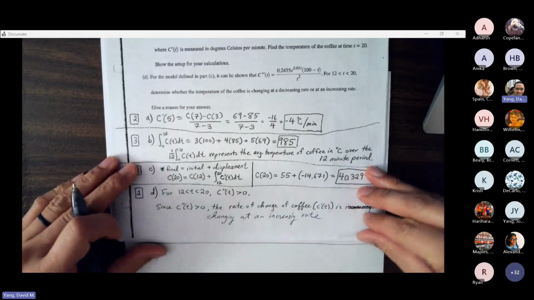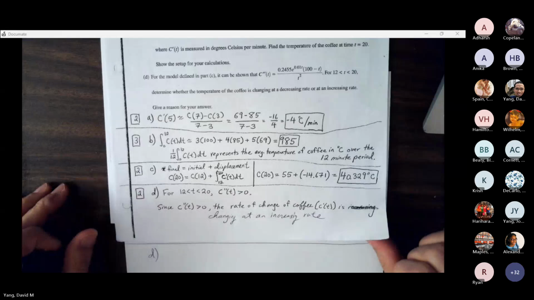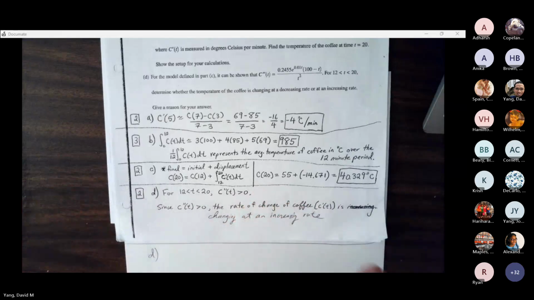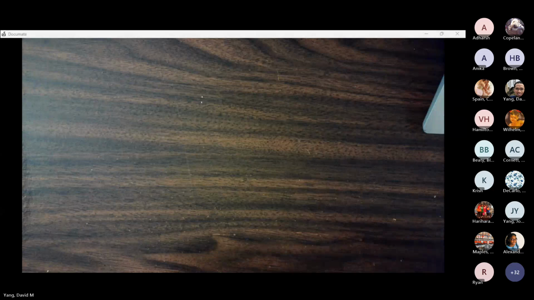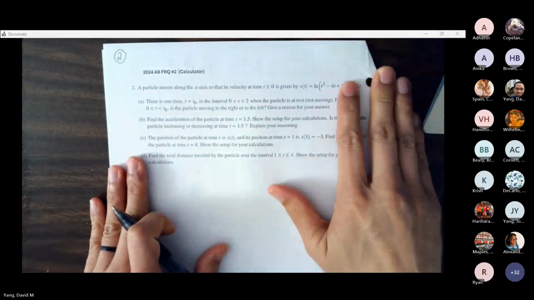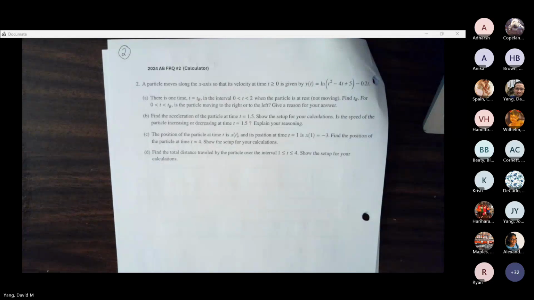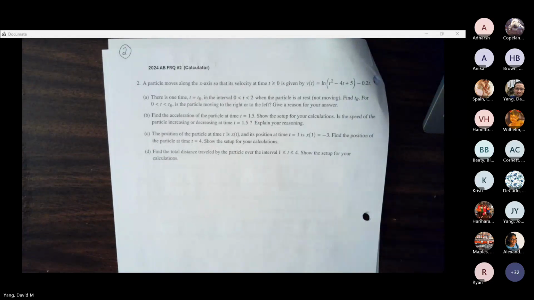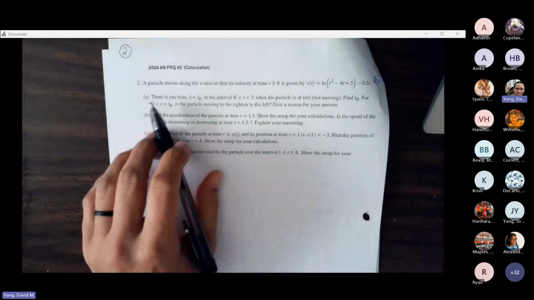Okay, number 2. Number 2, still a calculator problem. Particle motion here.